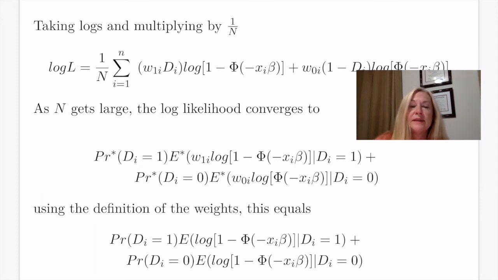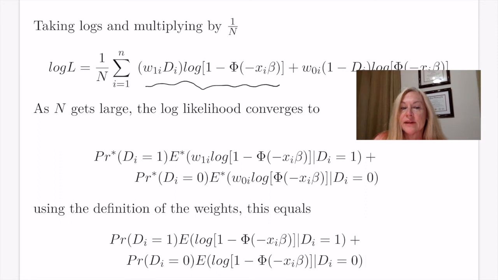This term here is going to be 0 for d equals 0. So this is going to converge to the probability that d equals 1 times the expected value if d equals 1, plus the probability d equals 0 times the expected value of this if d equals 0. So that's 0. So this first term is going to converge to this first term.